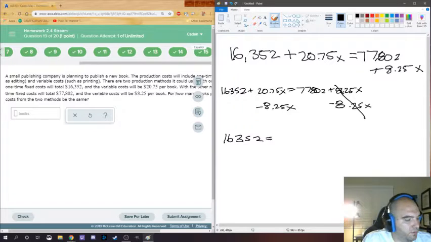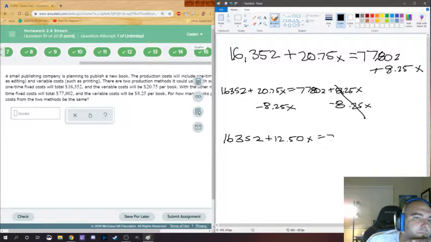Oh, whoa, whoa. Don't do that. Okay, 20.75 minus 8.25 is 12.50, and 77,802 is on the other side. Now we've got to move numbers. 16,352 needs to go away.